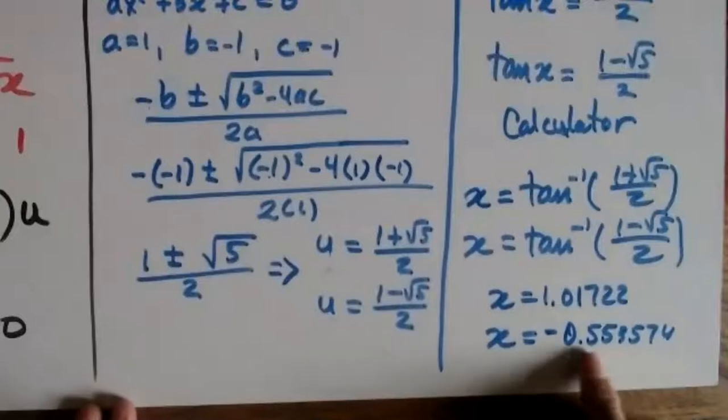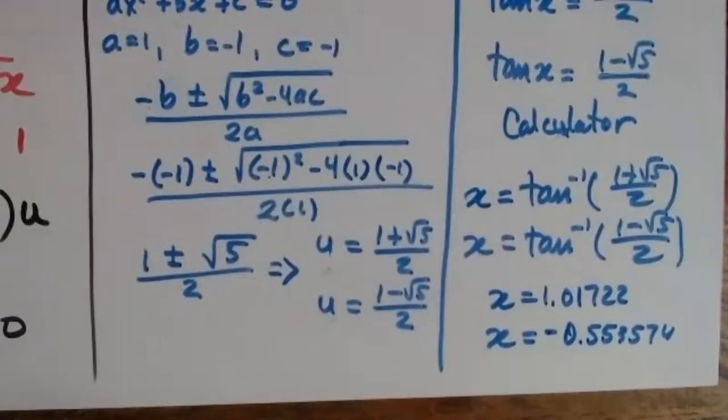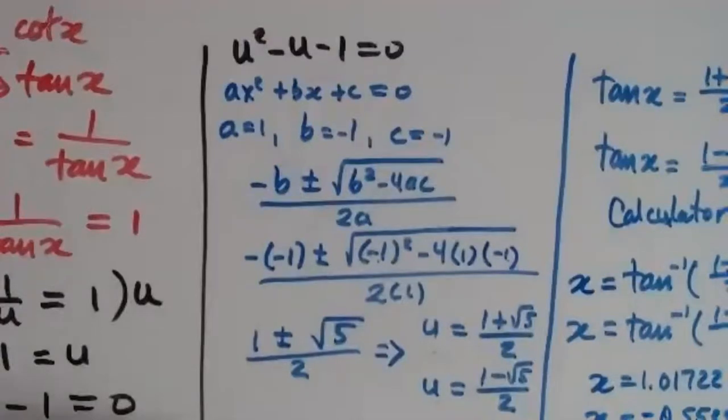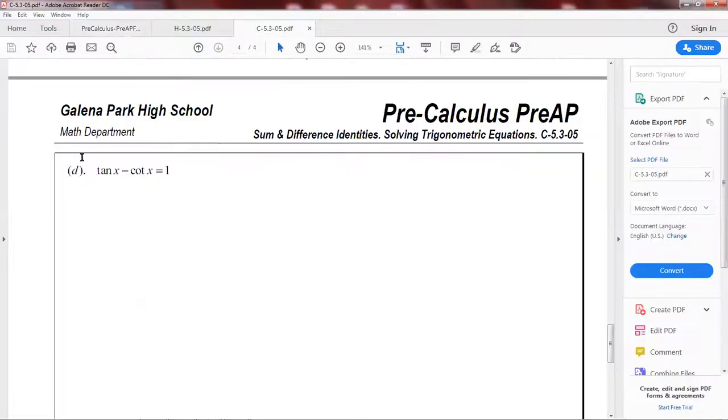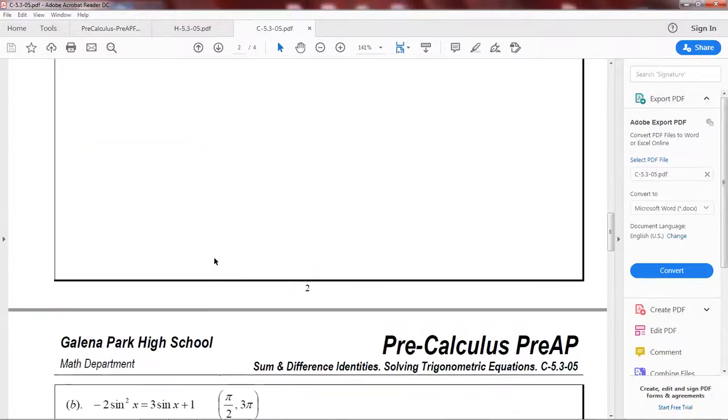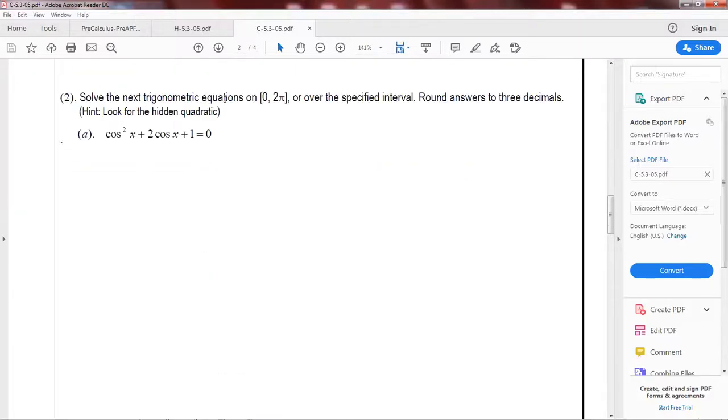So now, which one of these is the one? Remember that my paper says, let me just show you again. Not this one, it is this one right here: find the trigonometric equations or solve in 0 to pi.